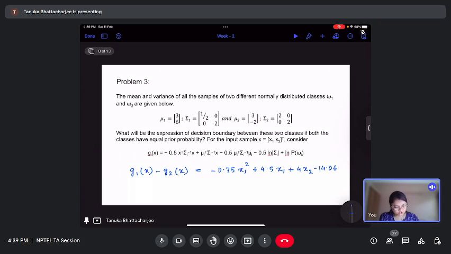If you equate this to 0, this will be the equation for your decision boundary, or you can simplify this and write it like this. This will be the decision boundary. Now, you can use this g1(x) minus g2(x) expression and classify any unknown sample to one of the two classes.